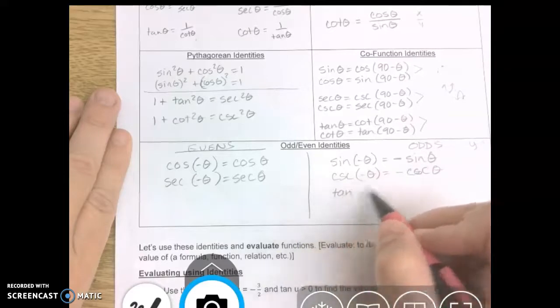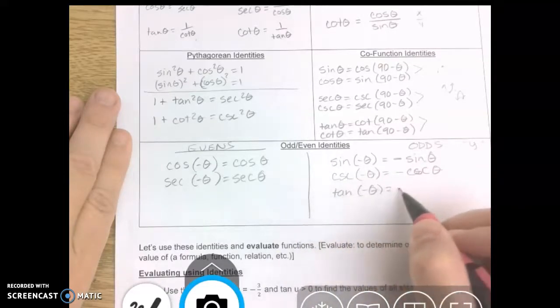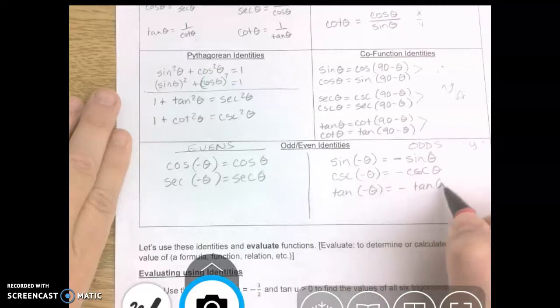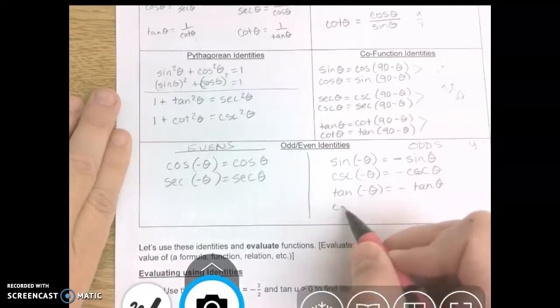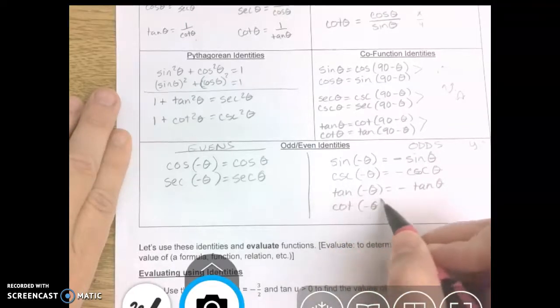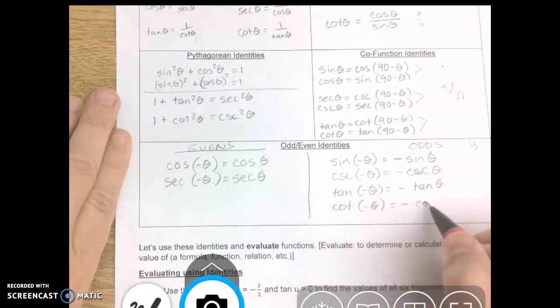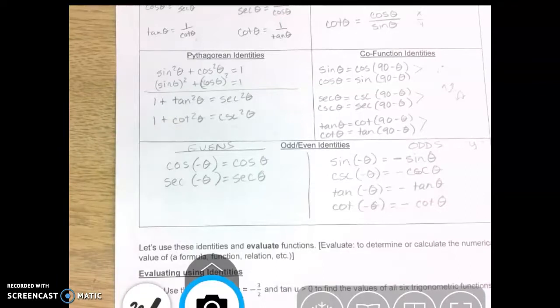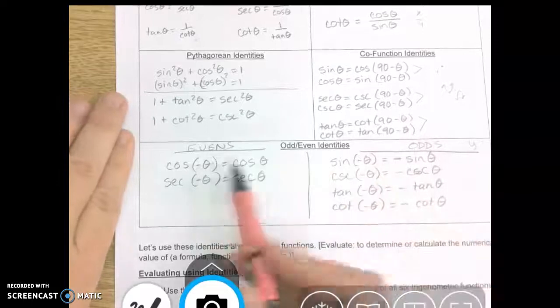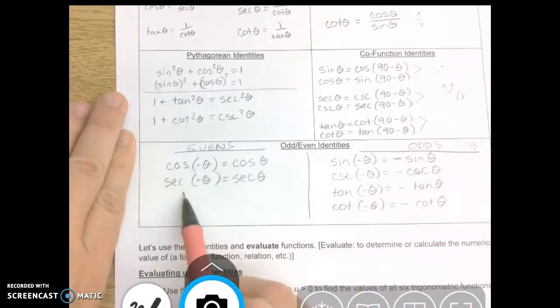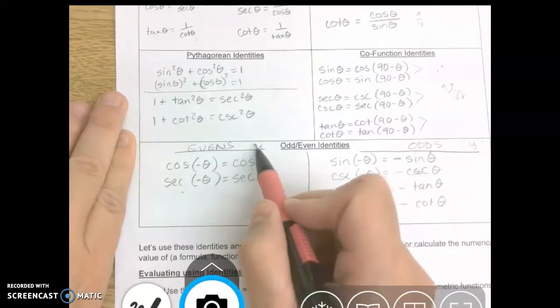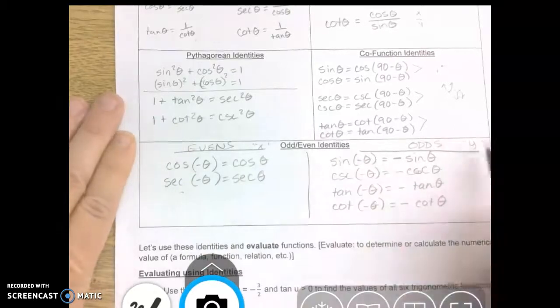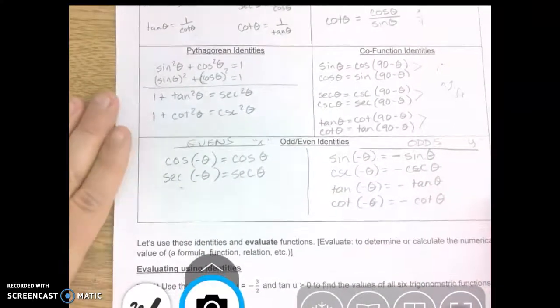And a tangent of a negative theta is going to equal a negative tangent of a positive theta, and a cotangent of a negative theta is going to equal a negative cotangent of a positive angle. Those are our odd and even identities. Again, there's only two evens, that's cosine and secant, and that has to do with the x. Anything that has a y is going to be odd.